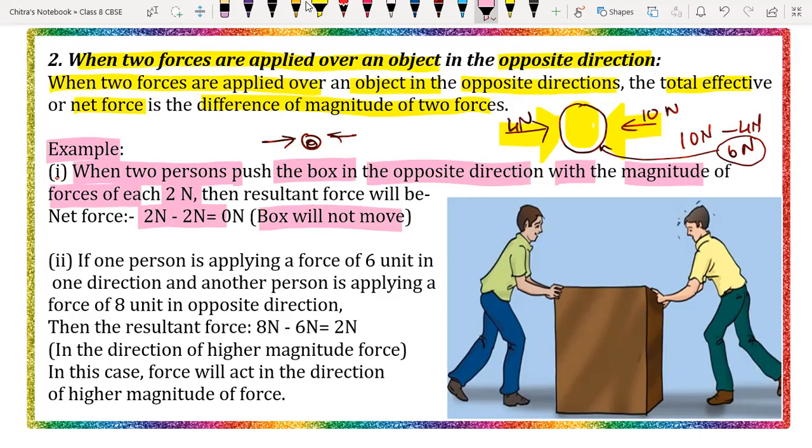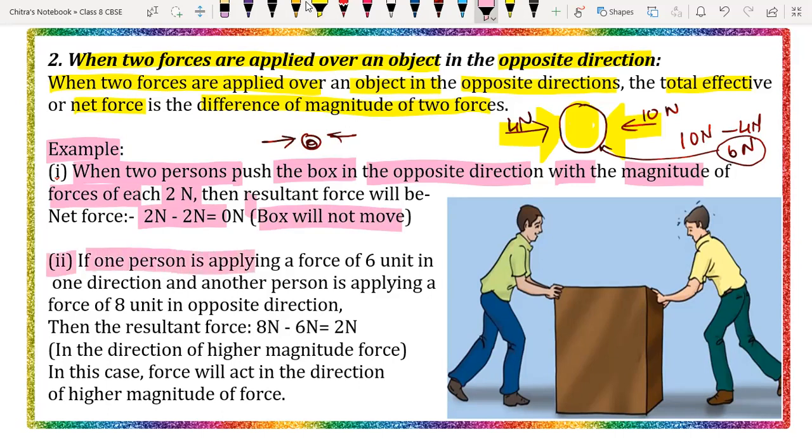But if the magnitudes of the forces applied from opposite directions are different, then we have to subtract the smaller number from the larger one. Now we are going to discuss the second condition.